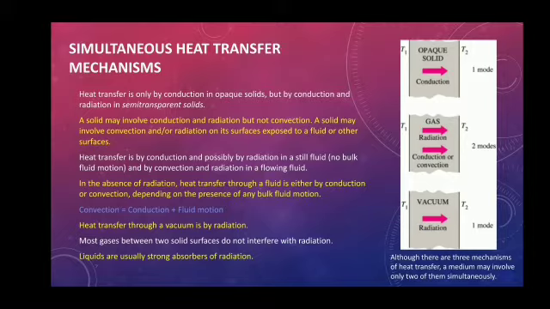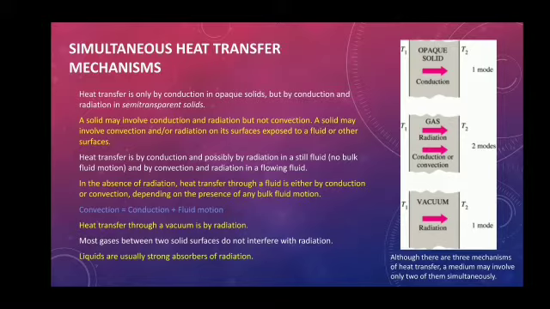In the absorption of radiation, heat transfer through a fluid is either by conduction or convection depending on the presence of any bulk fluid motion. So convection equals conduction plus fluid motion. Heat transfer through a vacuum is by radiation.